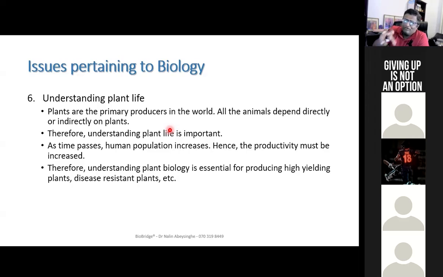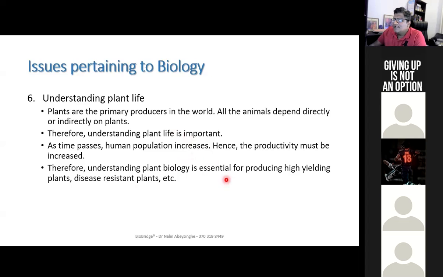You would have seen in your O levels or primary school that you studied food chains. Grass, deer eats grass, and deer is eaten by the tiger or lion. The simple food chain there starts with grass, plants, right?